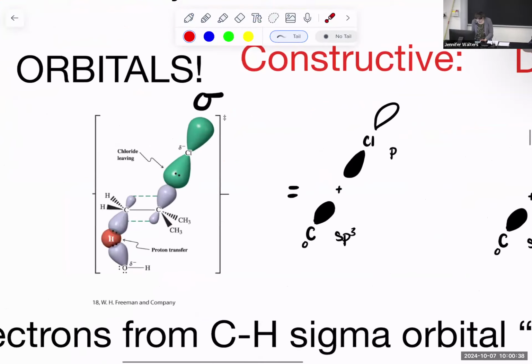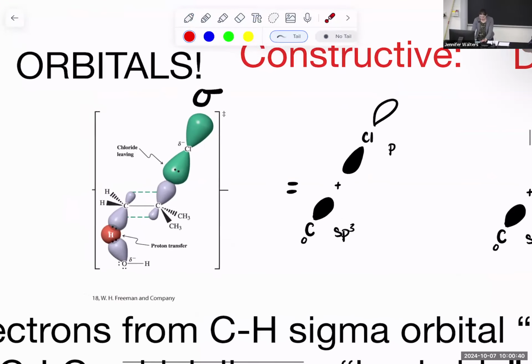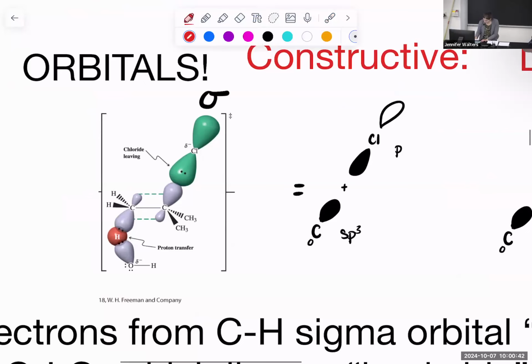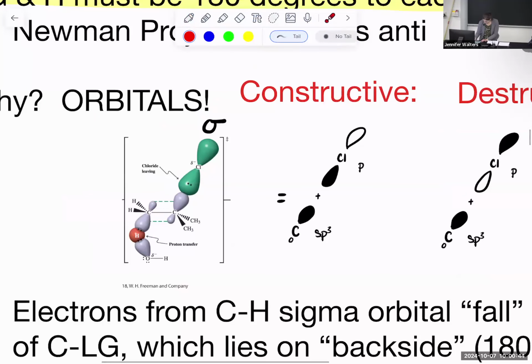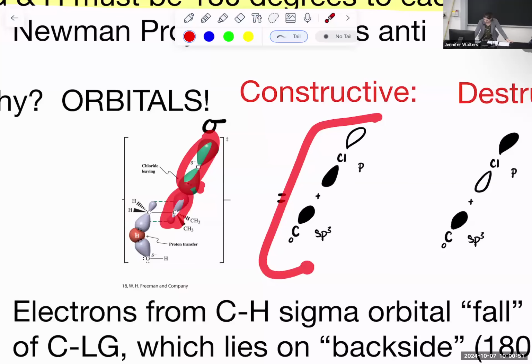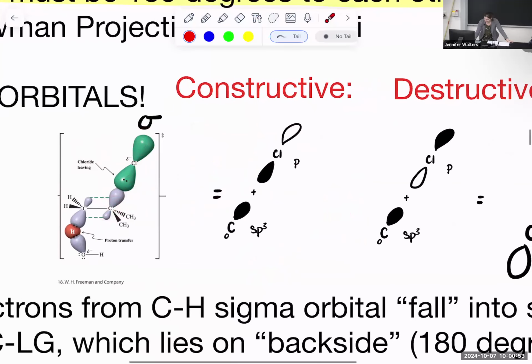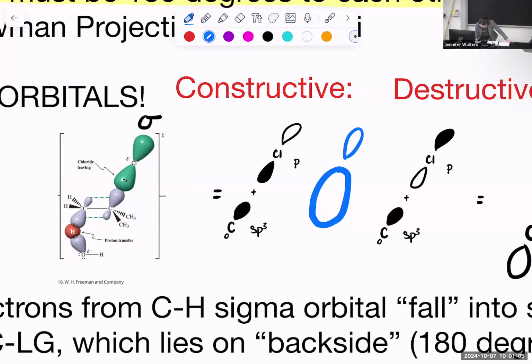So what I'm going to look at is this will lead to my sigma bond, right? So if I have an sp3 hybridized orbital plus the p orbital of that chlorine, that's what I see here, then that is going to lead to my sigma bond, that bonding molecular orbital, where you get all of that electron density there, and you get the little thing there, right?